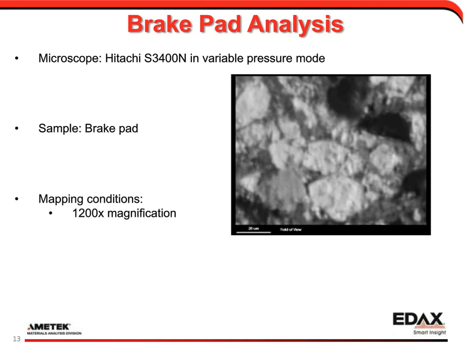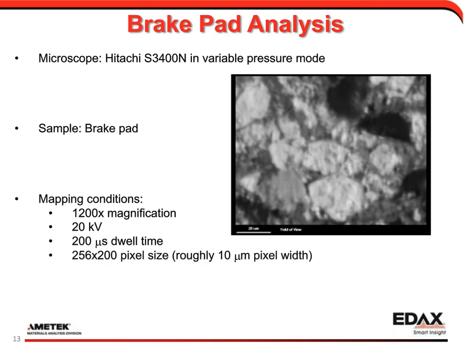I collected a map at 1,200 times magnification at 20 kV, 200 microseconds dwell time per pixel, and 256 by 200 pixel size of the map, which corresponds to about 10 microns per pixel. So each pixel is about 10 microns wide.